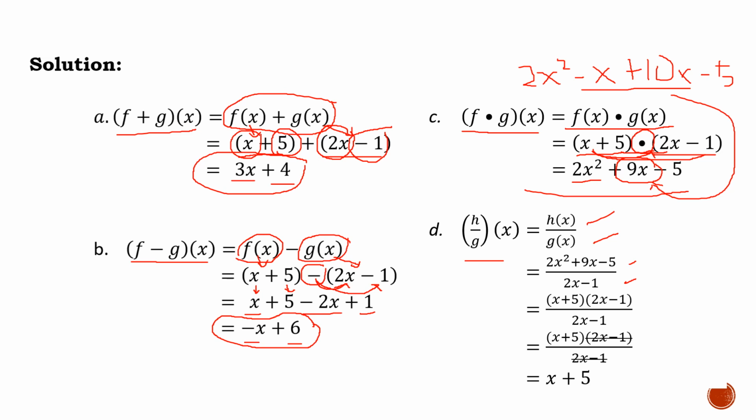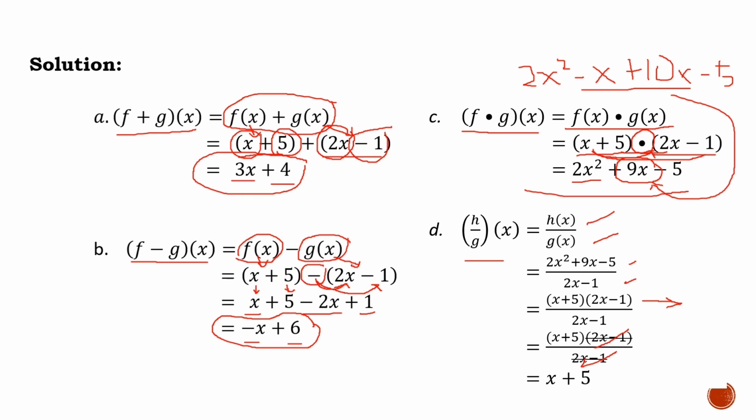We just simply get the factors of your 2x squared plus 9x minus 5, and we came up with these two factors, which is x plus 5 multiplied by 2x minus 1. So if you try to assess, we can cancel this 2x minus 1 here from your numerator and denominator.